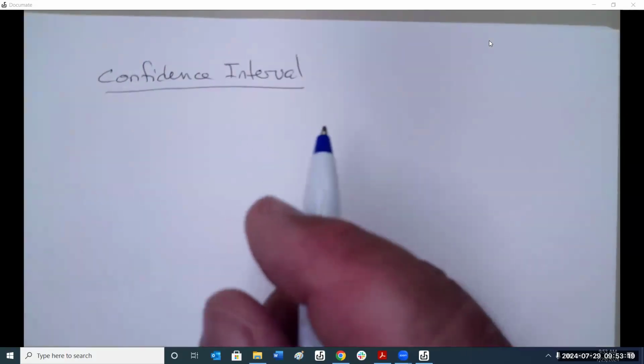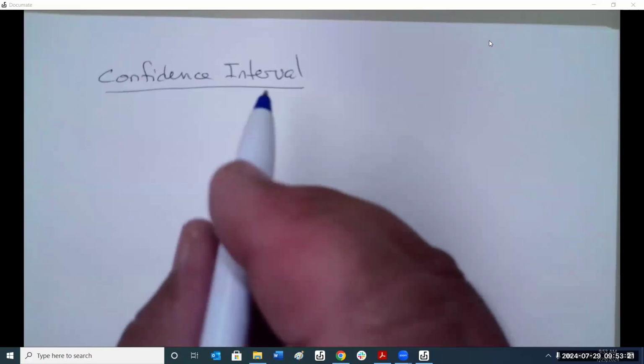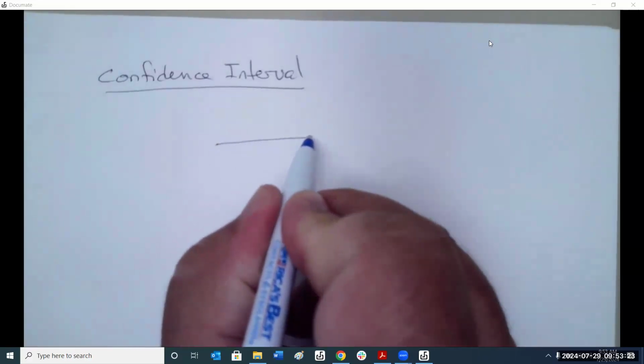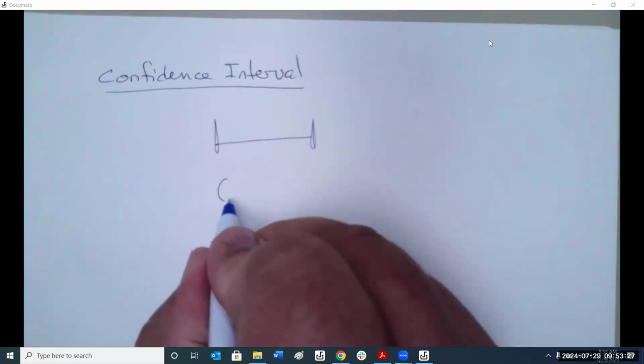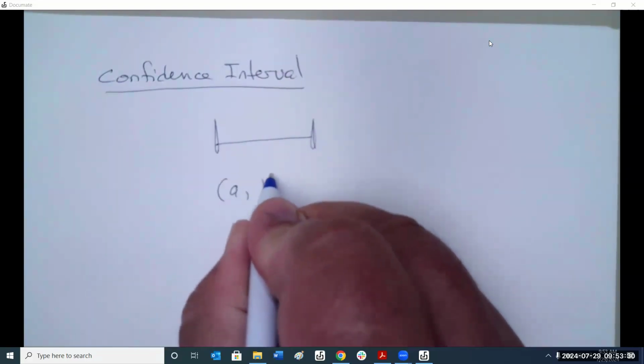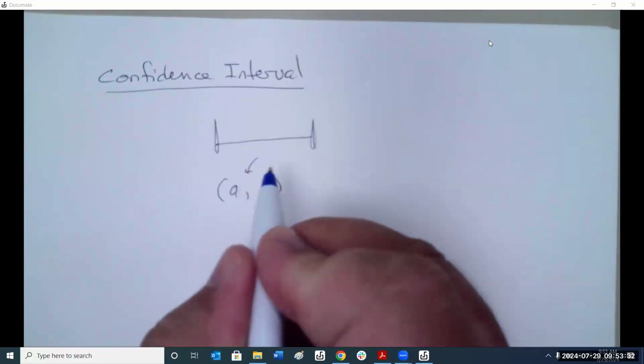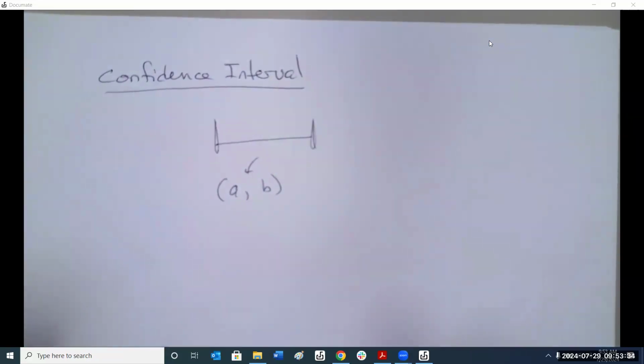Yeah, but since we don't know exactly how much it is, then we have to have an interval. We have to have an interval from a low point to a high point where we're a certain percent sure that the population value will fall between there.